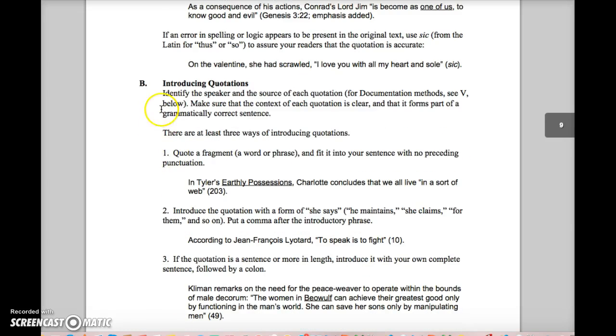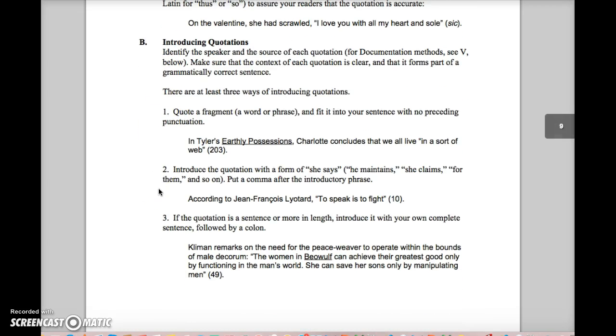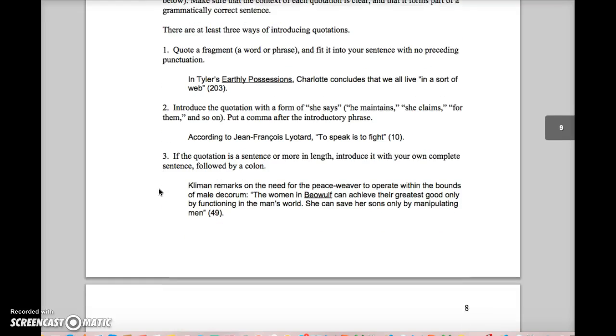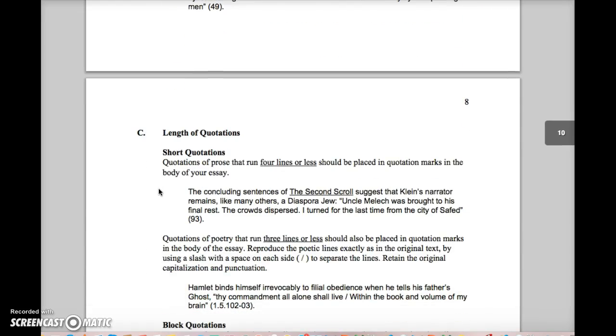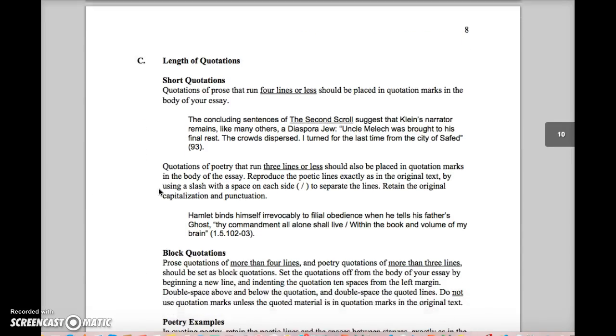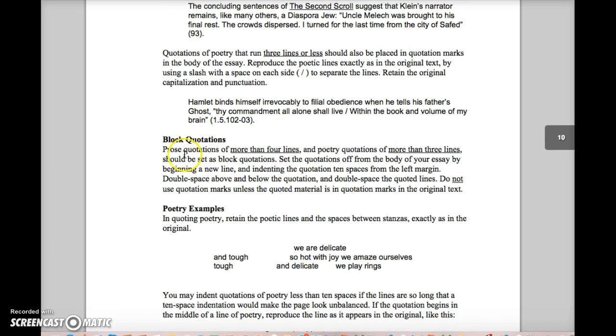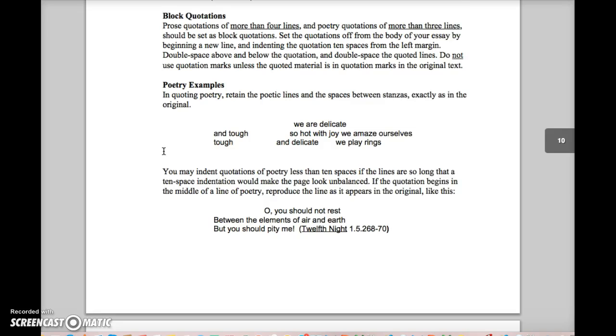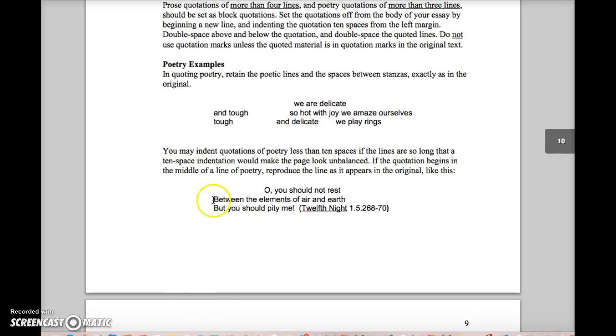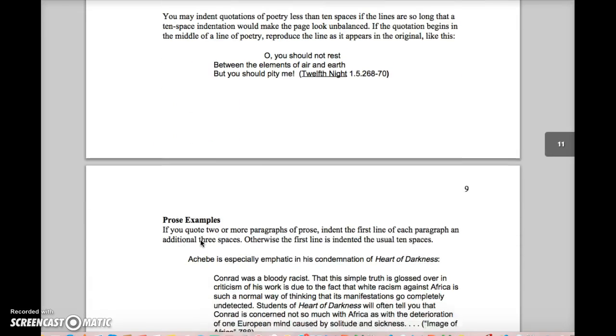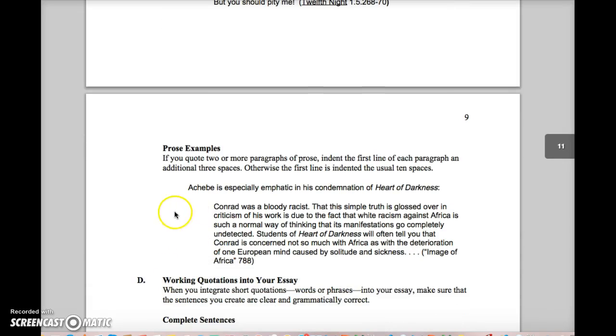There's a couple of examples here about introducing quotations. I'm going to talk about that a little bit later, so we don't have to go through them right now. Block quotations: if you have more than 4 lines, you can set off the quotations as a block, so you would indent the full passage. So here's an example right here.